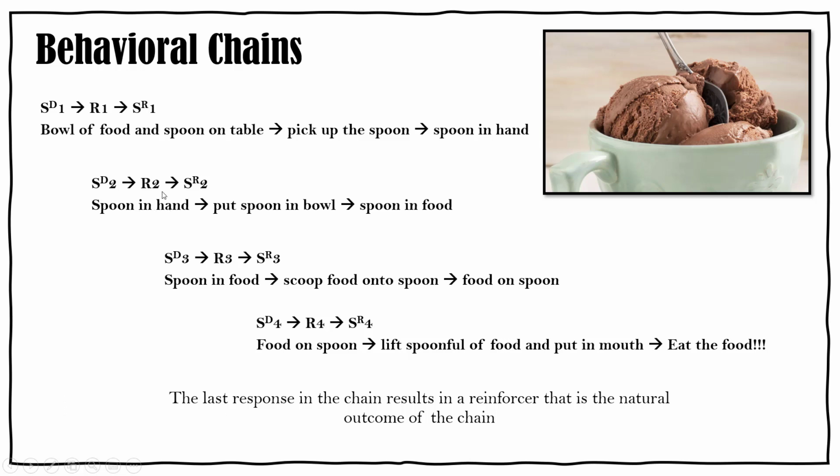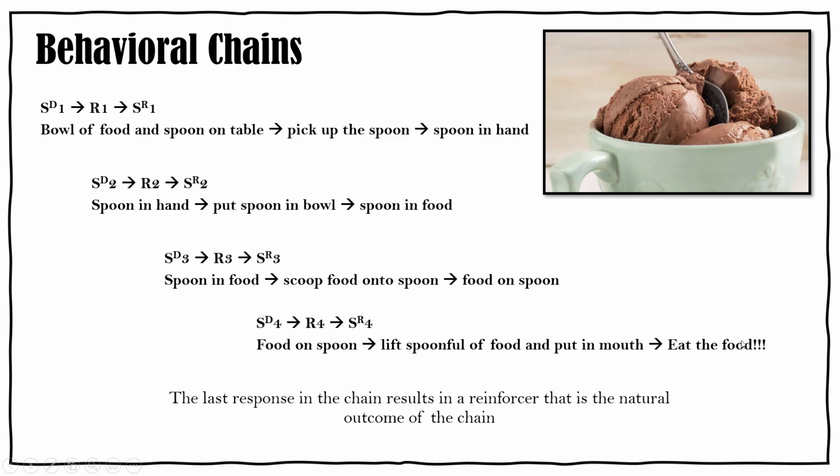Now the spoon is in hand, the child can put the spoon in the bowl, and now the spoon is in the food. The spoon in the food is a reinforcer for putting the spoon in the bowl, and also an SD for the next step. Now the spoon is in the food, you scoop the food onto the spoon, and now the food is on the spoon. That's the SD for lifting the spoon and putting it in your mouth, and the reinforcer for that is eating the ice cream.